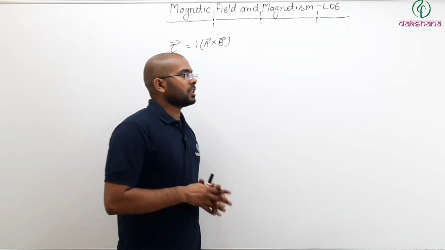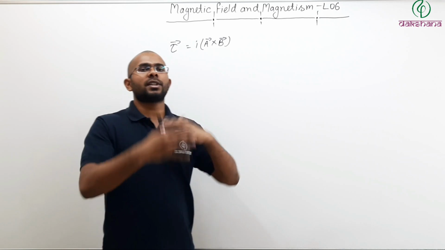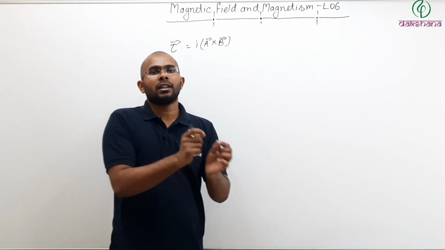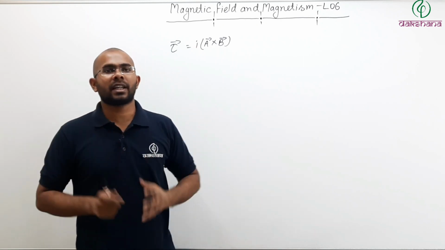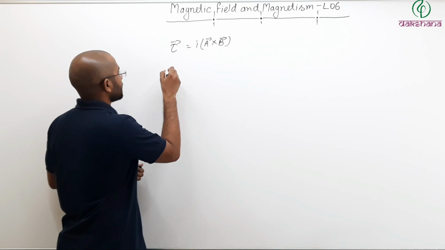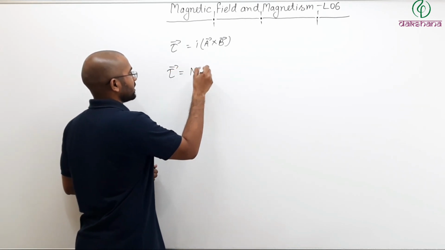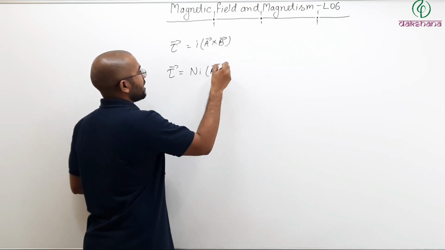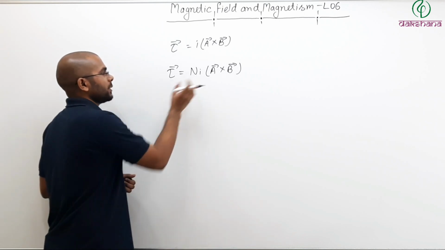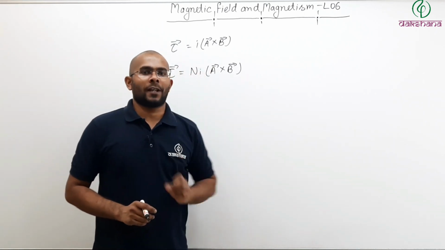We have also seen that if there are multiple loops, the number of loops are collected together and that coil is placed inside a magnetic field, then the total torque can be written as N times I times area vector cross product with field vector, where capital N is nothing but the number of loops in your coil.